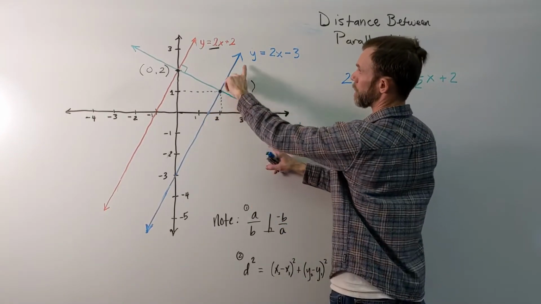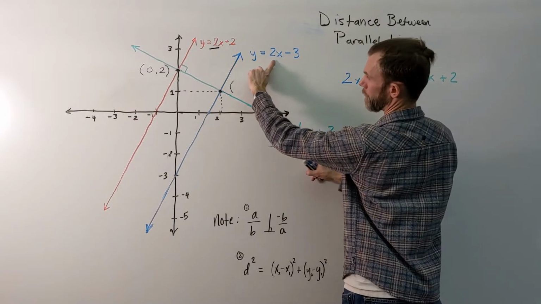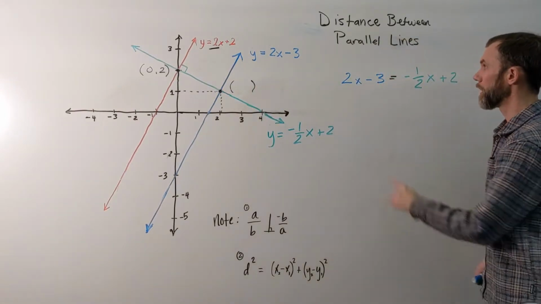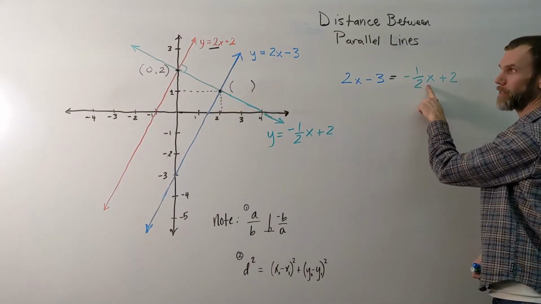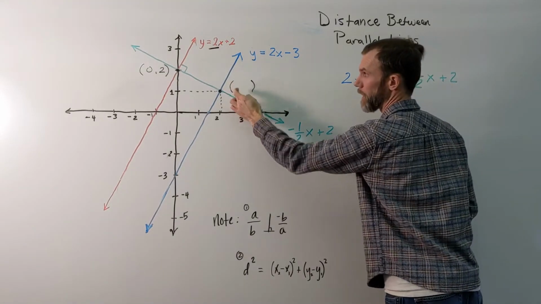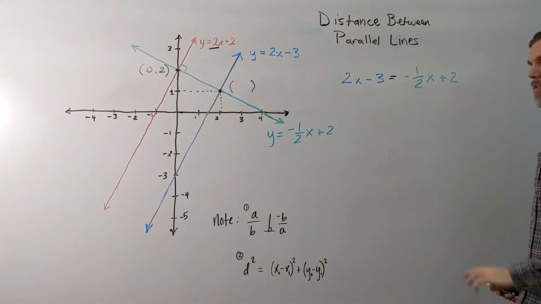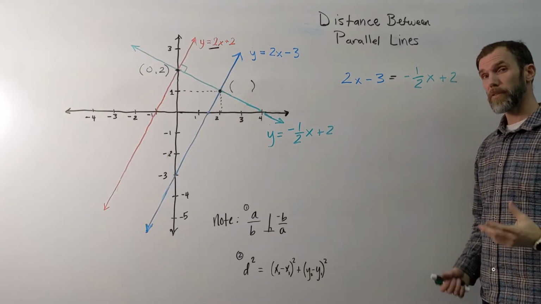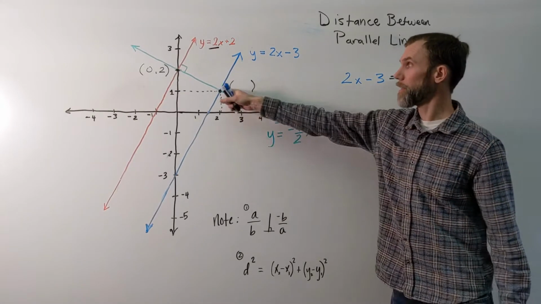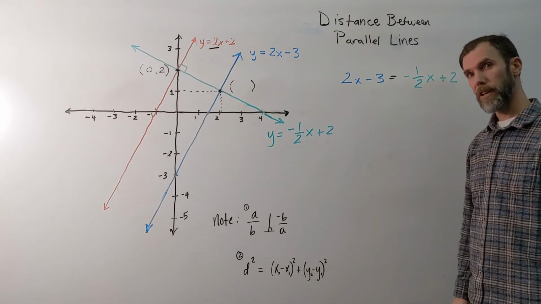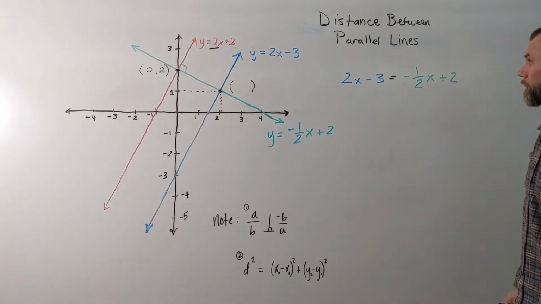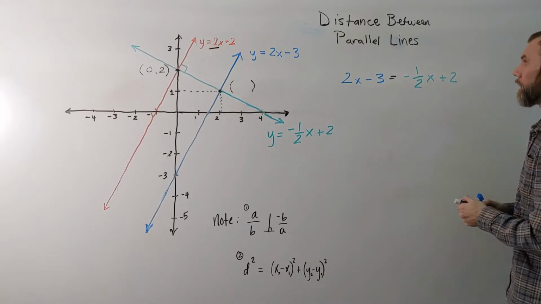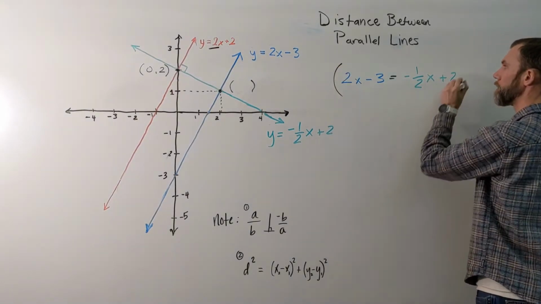That means if these two y's are the same, then the two right sides have to be the same too. We're solving for a common x value. So it's important to understand why systems of equations work: that one point is where the lines are actually the same. That's what they share.